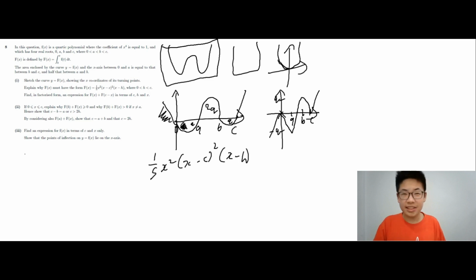Now, I can already see where this is going. We're going to prove h is equal to c over 2. How are we going to do this? We'll explain why F of b plus F of x is greater than or equal to 0. As you can see here, the area between 0 and A is Q, and the area between A and B is 2Q, and this implies that we are going to add Q to each of the areas. That means our shifted graph will look something like this.